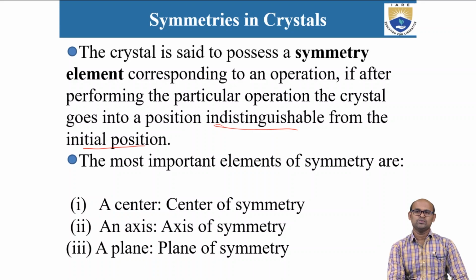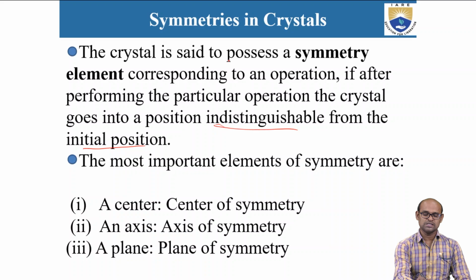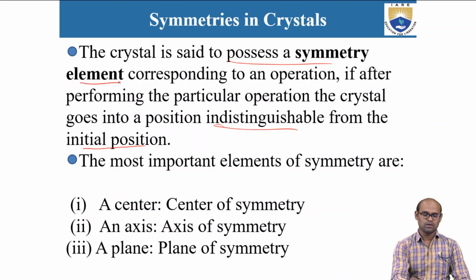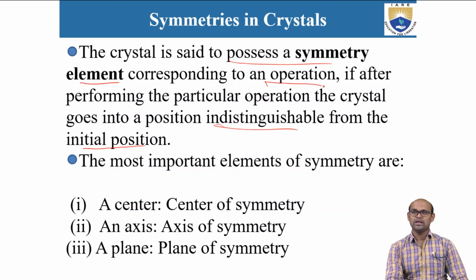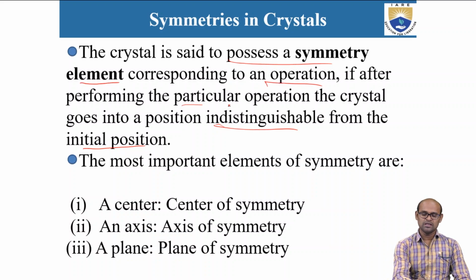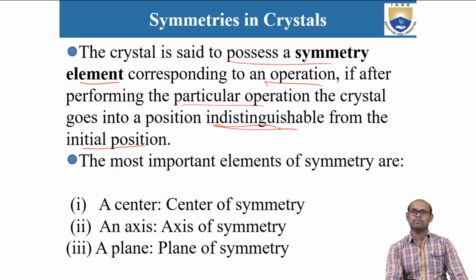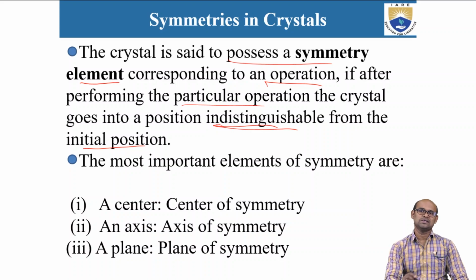A crystal is said to possess a symmetry element corresponding to an operation when, after the operation, the configuration which we got is the same as the initial configuration, right? Then we can say that the crystal is possessing some kind of symmetry.